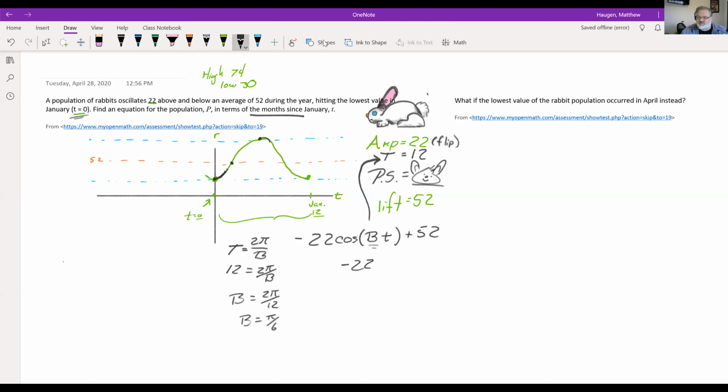So negative 22 cosine of pi over 6 t. Again, no phase shift because we're considering ourselves to start at that value. And I do agree, I think that's the easiest way to go.